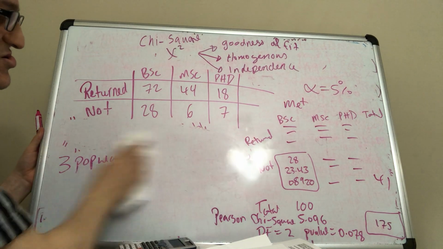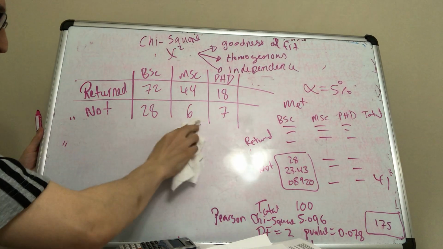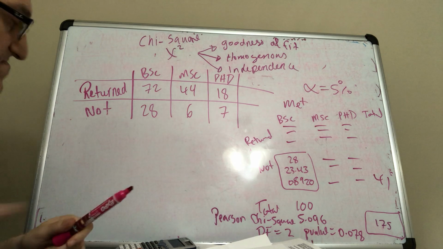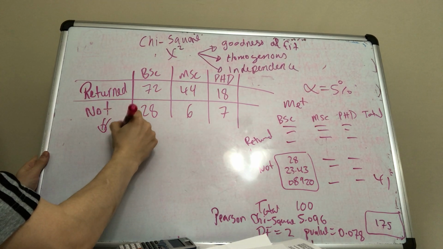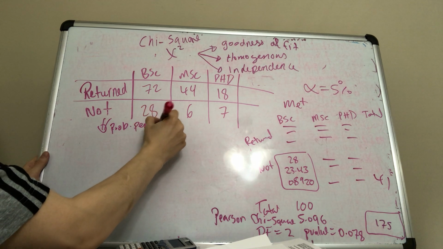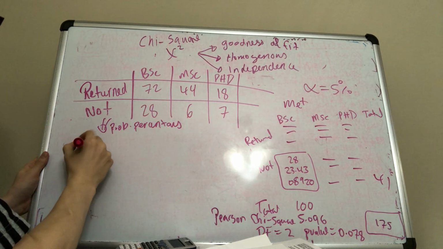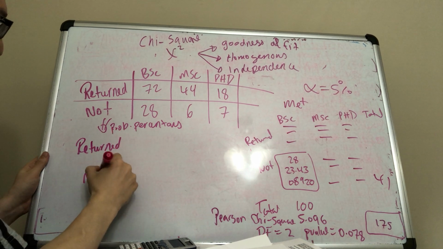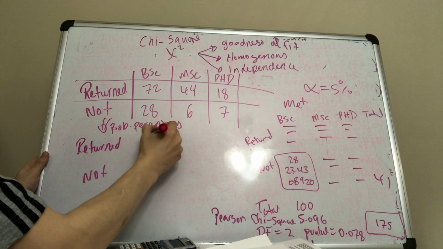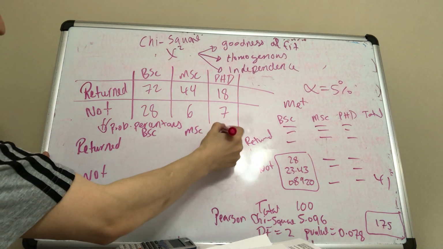They wanted you to turn this into percentage. So to turn this into probability percentage of return, not return, and same bachelor, master, PhD.